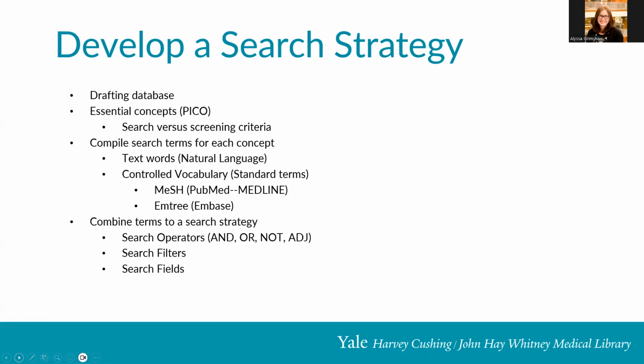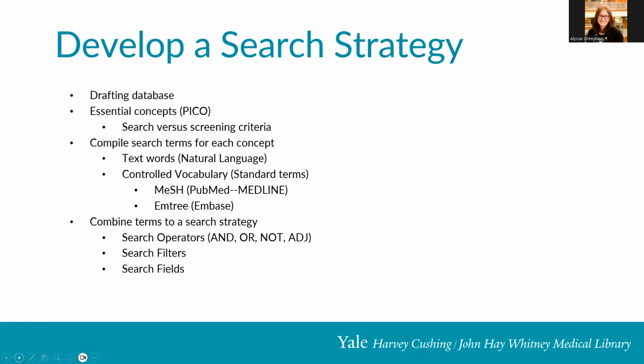A hedge is just that concept. For example, for a randomized control trial, Cochrane has a validated search hedge. You can take their information and cite it. Really important to cite. But you take that information from their paper and reuse that part of their search to just get those papers that you're looking for.